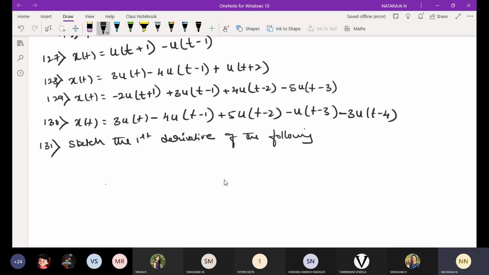The first one, x of t is equal to minus 2u of t plus 1 plus 3u of t minus 1 plus 4u of t minus 2 minus 5u of t minus 3.